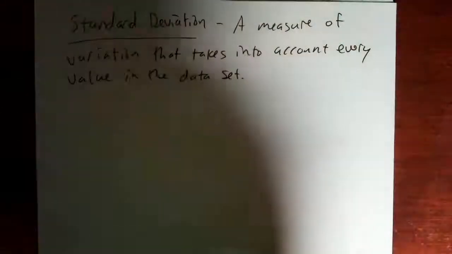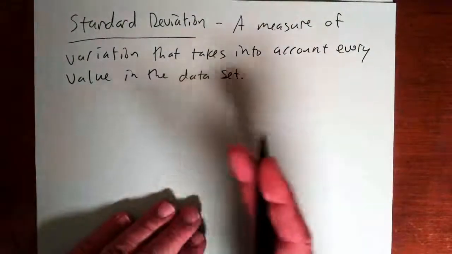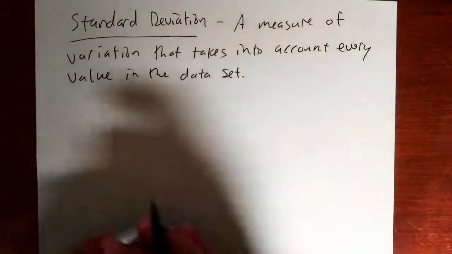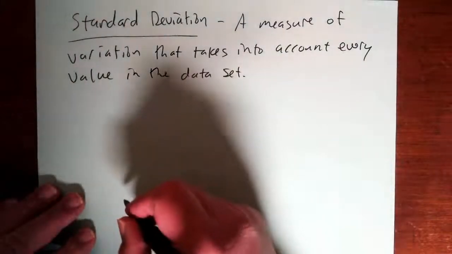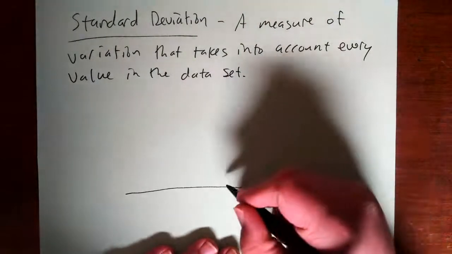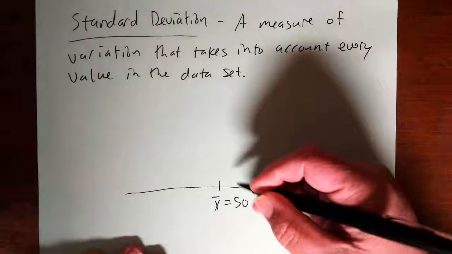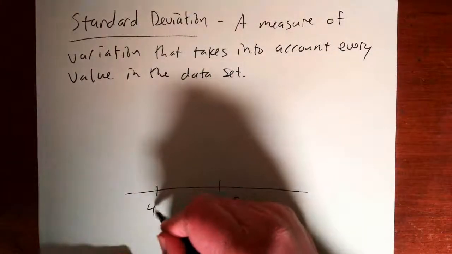Okay, so the standard deviation is going to kind of be, in a sense, almost the average, like on average, how far do the values deviate from the mean. And so a single deviation can be thought of like this. So let's say here's the mean, and it's equal to 50, right? And then here is a value. We'll say it's 42.